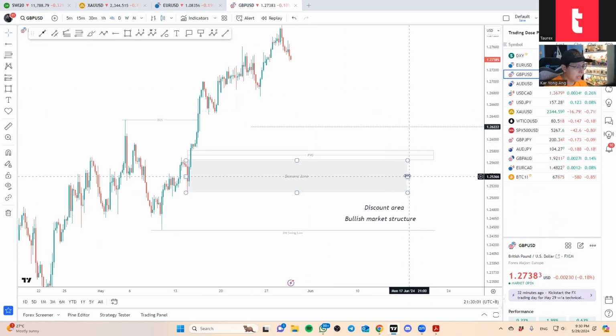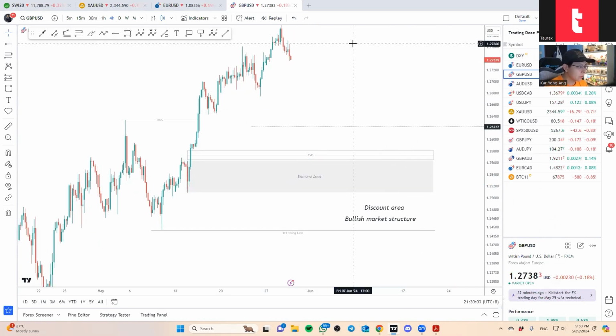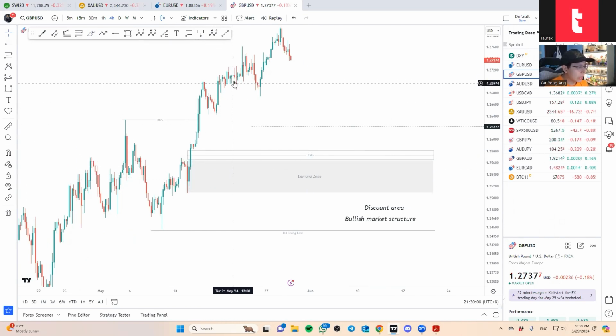Can follow the thought process? So far, so good? Okay, so again, I repeat, if this is going up, we have a fair value gap identified. The bearish candle, which is the opposite direction, that creates the fair value gap is your order block. That's where we define our demand zone.